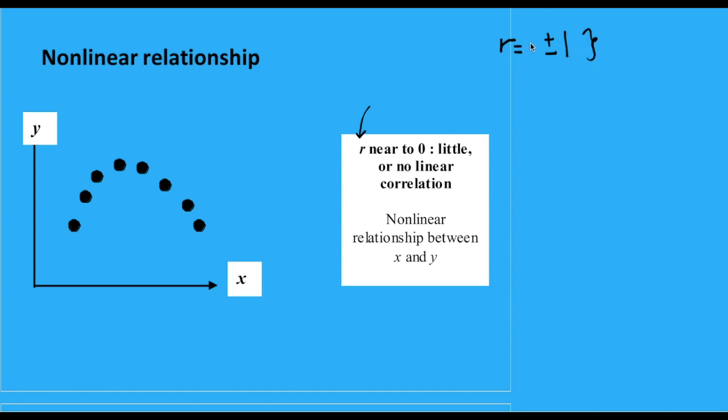When R is positive or negative 1, then we have a perfect, so it's either positive or negative linear correlation.